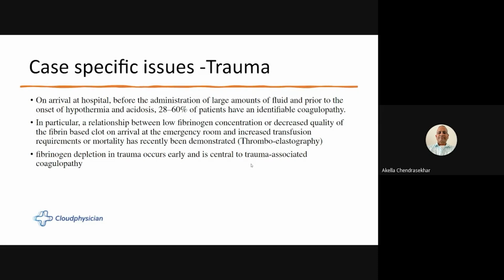Even without the transfusion, even without the fluid resuscitation, about half of your patients can be coagulopathic just from the trauma itself. Remember that. So when you're dealing with trauma, always check your fibrinogen level, check your PT, PTT, INR, make sure that you know where they are.